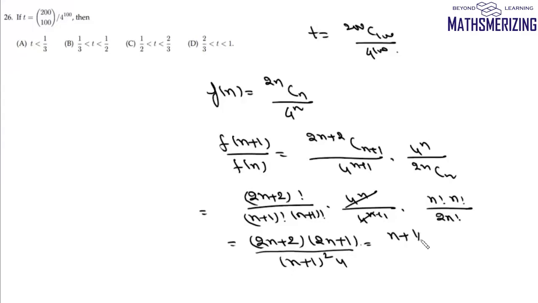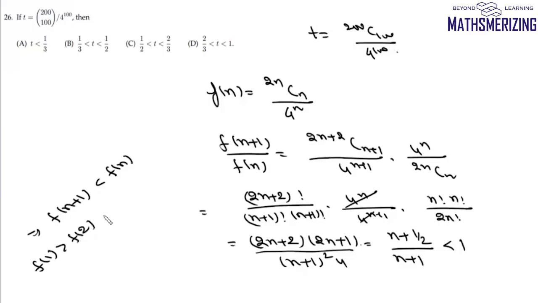We'll get this as (n+1/2) upon (n+1). Now we know that n+1/2 is less than n+1, so that means this is less than 1. So from here we can say f(n+1) will be less than f(n), which makes this function a decreasing function. So it simply means f1 is greater than f2 is greater than f3 is greater than f4 and so on. So from here we can say f100 is less than f4, f3, f2 and f1.